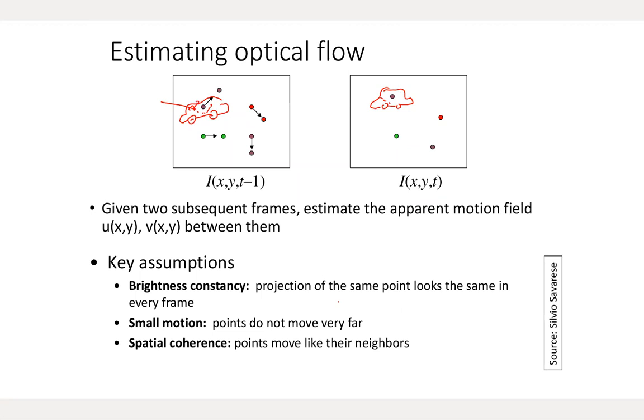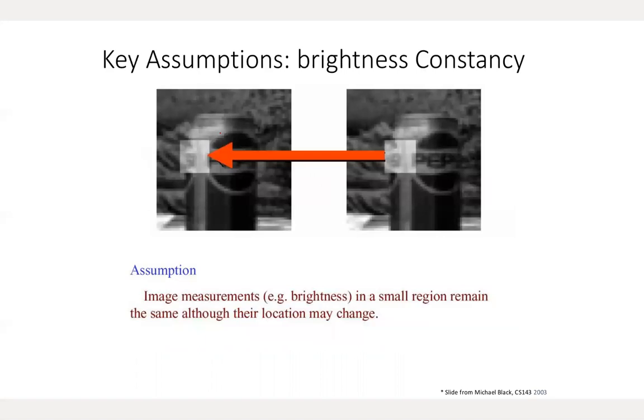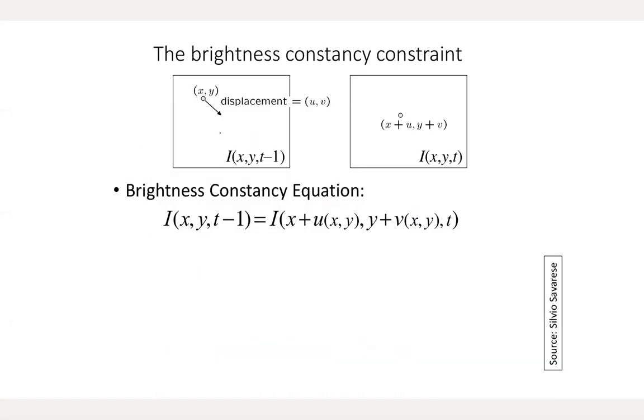Of course, at the boundary they won't. But if you think of the entire image as composed of several objects, then within each of these objects, the pixels will more or less have coherent motion. This is just basically repeating what I mentioned earlier.